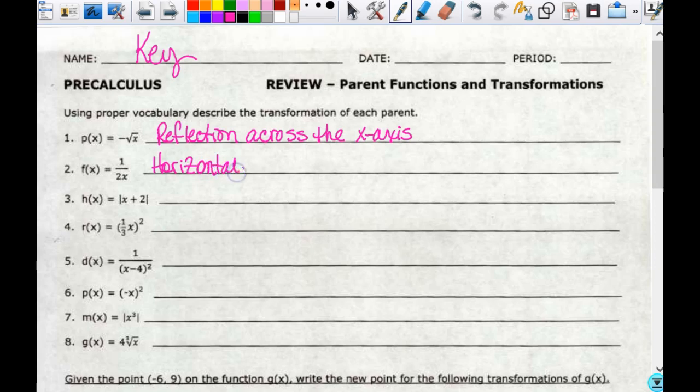It's a horizontal, and since I'm going to be multiplying the x values by 1/2, that is a compression by factor of 1/2. Okay.